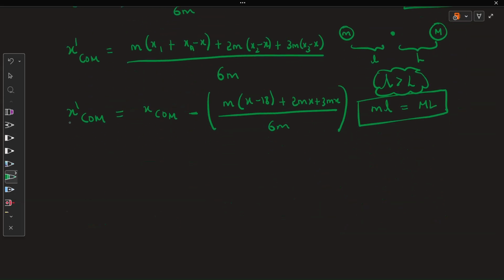Now if you see, these both x dash, the final and the initial, both are the same. So this is supposed to be 0.